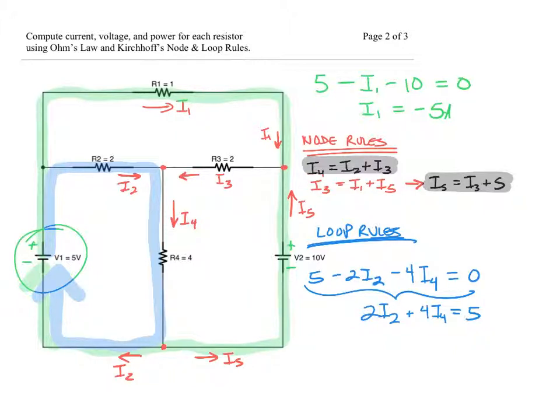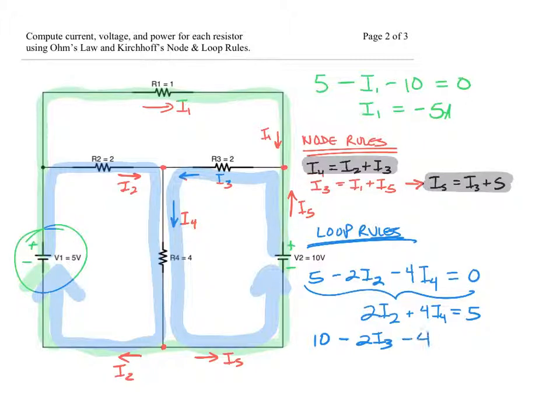Then this other battery, I can go the other direction so that I get positive 10 volts out of that battery. I'll go 2I3 through that top resistor R3 since I'm going in the same direction as assumed current flow.